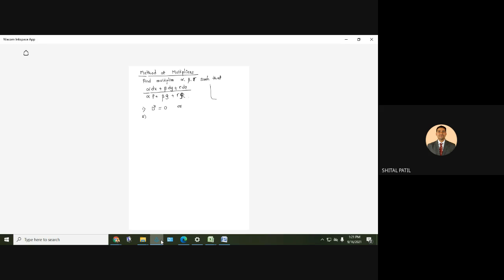Hope you remember this differential equation. First is multiplied by alpha, second by beta, and third by gamma. These are the multipliers. So we got a new ratio, alpha dx plus beta dy plus gamma dz divided by alpha p plus beta q plus gamma r.